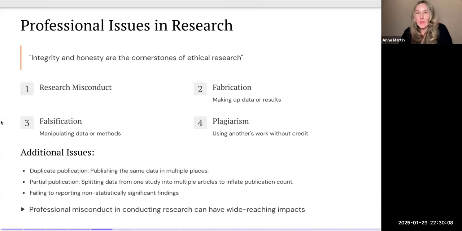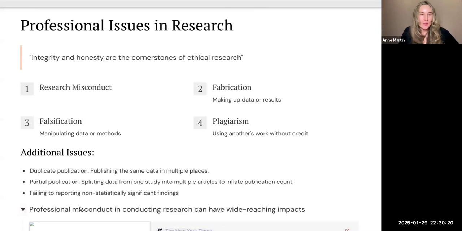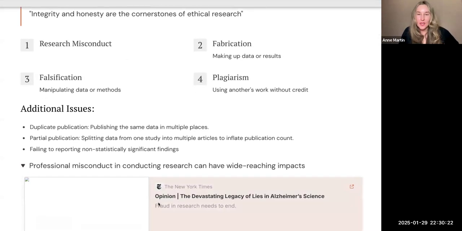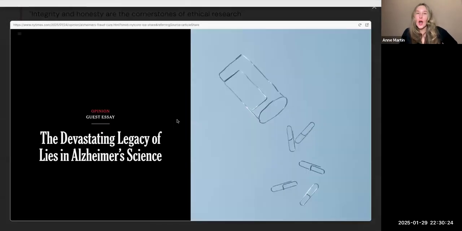So thinking about this is of the utmost importance because it can have serious ramifications for society. I wanted to share this article that my dad just sent to me recently about ethical misconduct in medical research involving Alzheimer's.